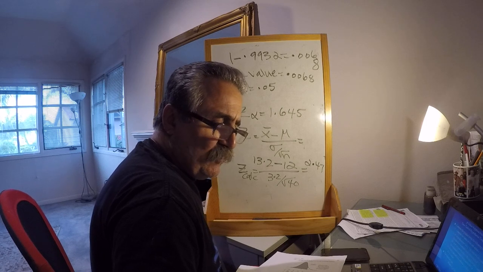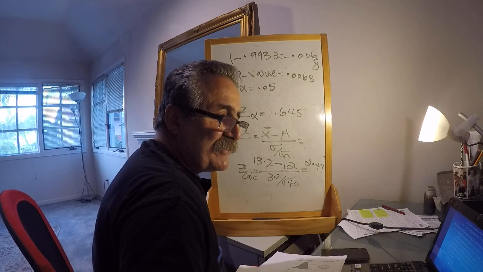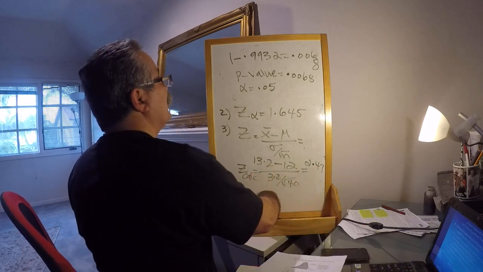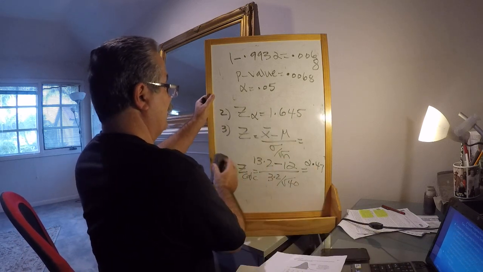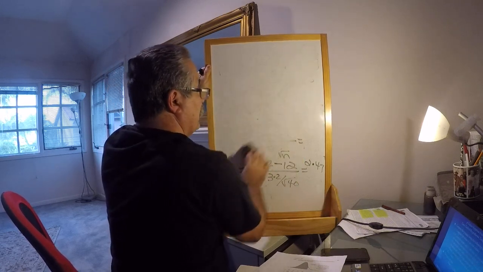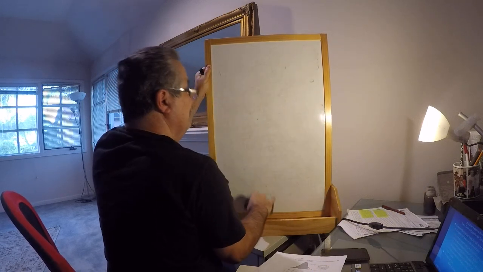On slide number 28, they're talking about the two-tailed hypothesis testing with the p-value approach. Okay, let me explain to you what they mean by this.